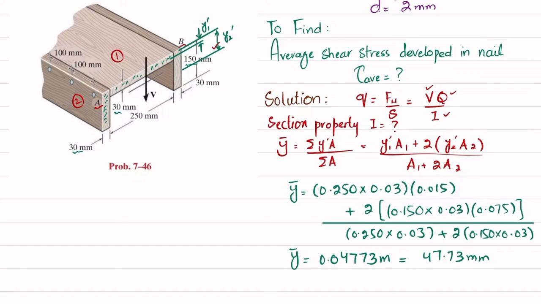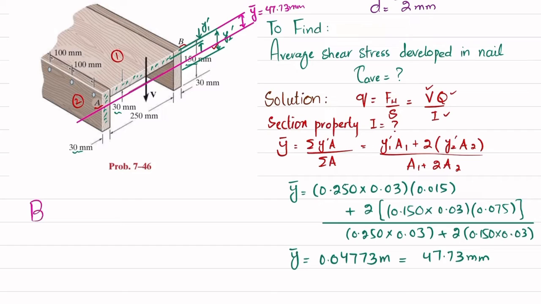It means that from the top, the centroidal axis will be this one. This distance from the top, y bar, is equal to 47.73 millimeter. Now you have the location to find I.